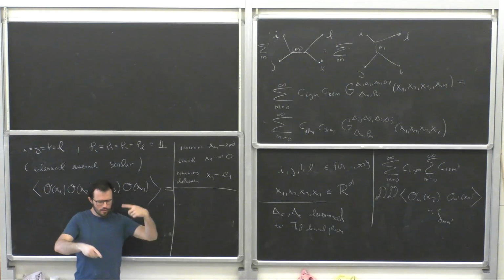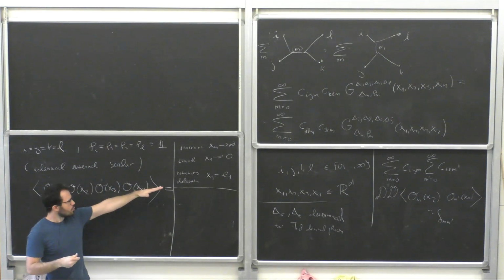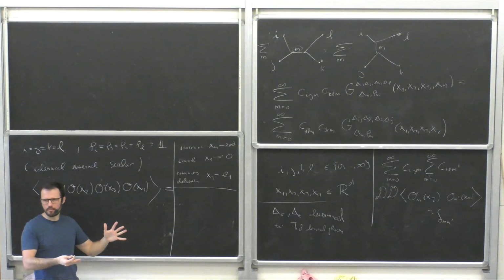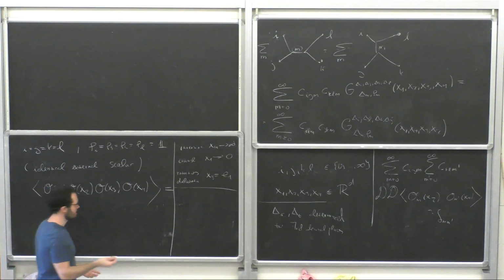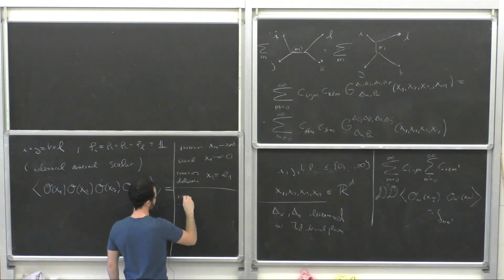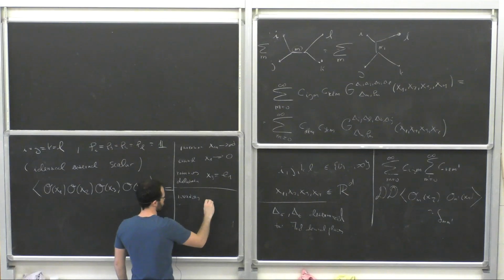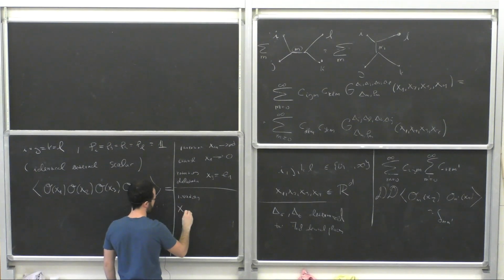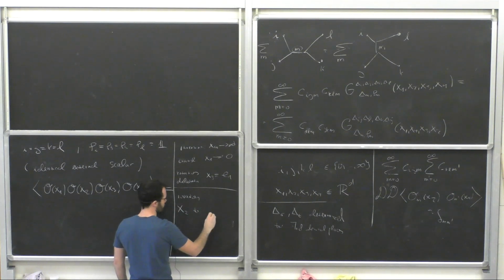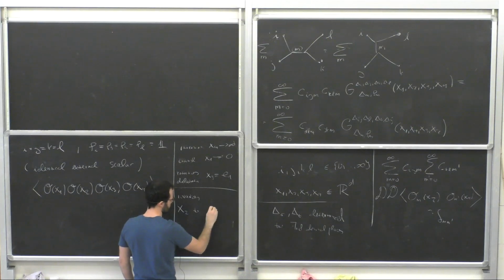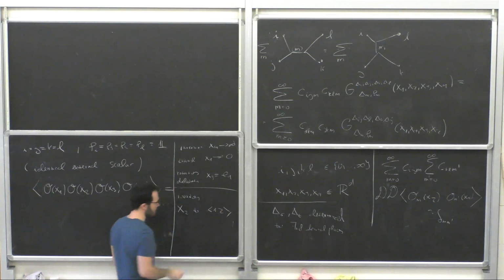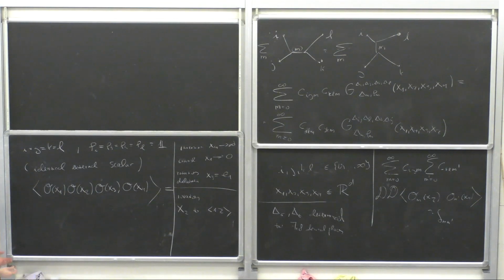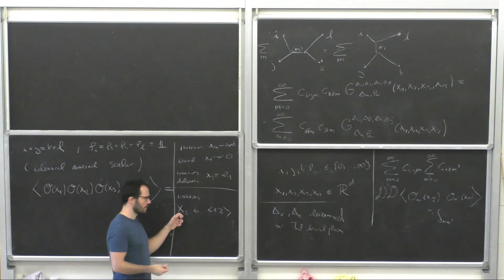So we can use rotations to bring x2 to the plane, let's call it the 1, 2 plane, the plane spanned by the unit vectors in the 1 and 2 direction, which means that the conformal invariant information in this 4-point function is captured by 2 coordinates, the 2-dimensional coordinates of x2 in this plane.